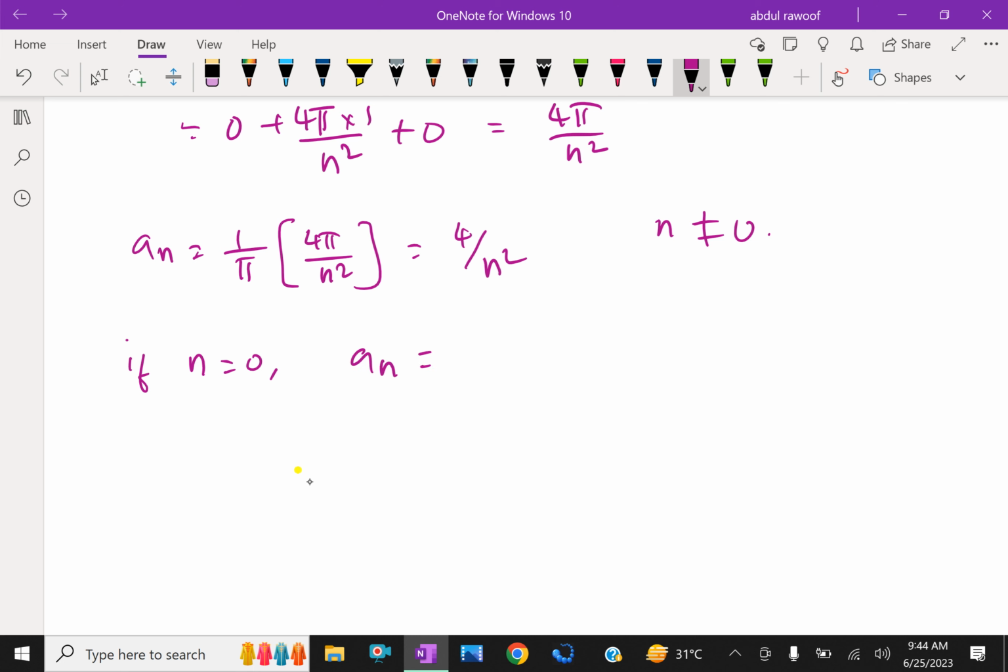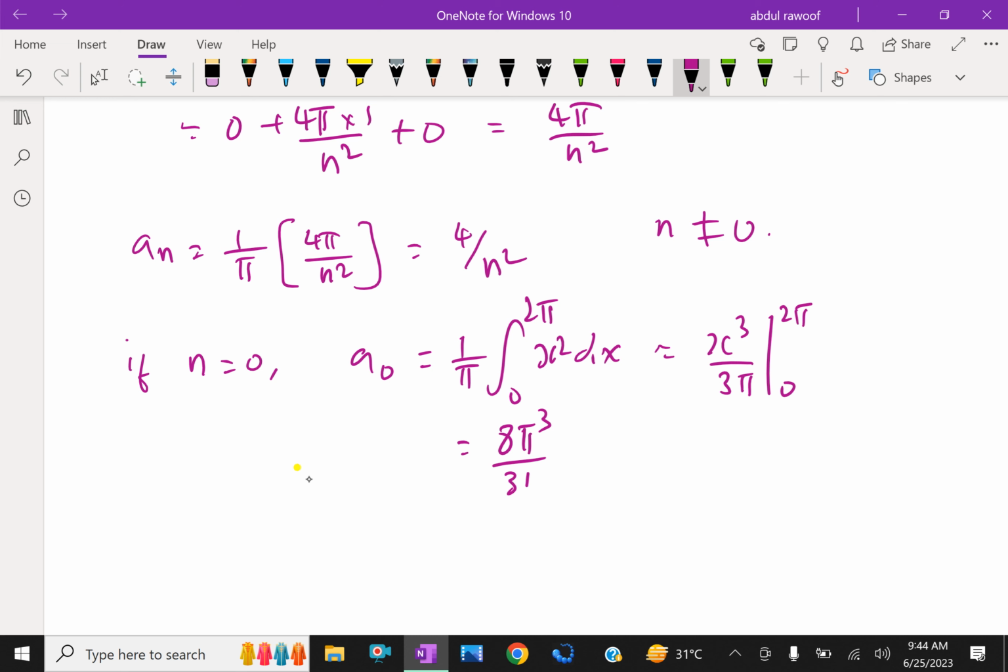Therefore a₀, the formula is 1 over π integral 0 to 2π, first function x² dx, which gives x³ by 3 with limits 0 to 2π, which is equal 8π³ by 3π, which is equal 8π² by 3, which is the coefficient a₀.